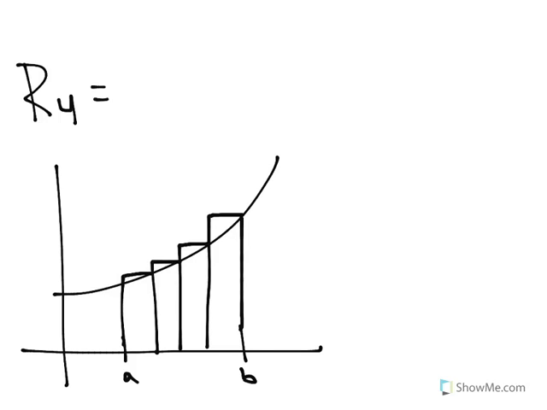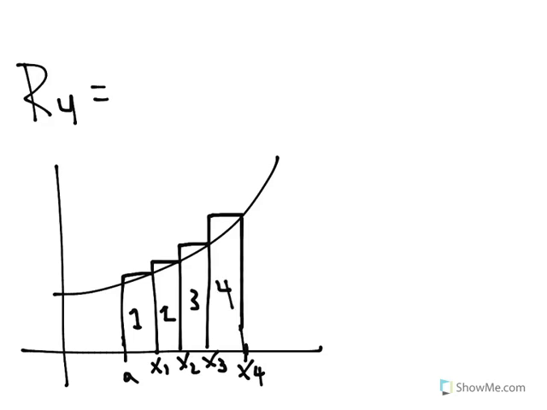So now x1 wouldn't be at the very beginning of the first rectangle. It would actually be at the end of the first rectangle. x2 would be on the right side of the second rectangle. x3 would be on the right side of the third rectangle. And where B is, I'll go ahead and erase B, and we'll call that x4, would be on the right side of the fourth rectangle because we are using a right-hand sum.